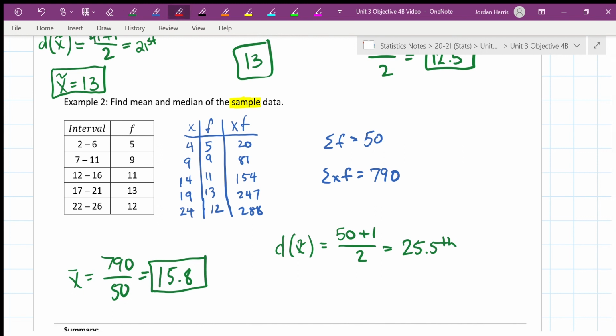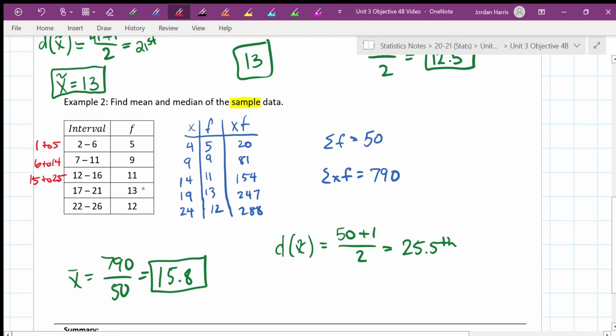So let's think about this. Dealing with the frequency, that's term numbers 1 to 5. The first 5 numbers are within that interval. And we're going to just use the value that we found, that middle, so 4. The first 5 terms are a 4. The next 9 terms are a 9. So that would be from 6 to 14. The next 11 terms are a 14. So that's term numbers 15 to 25.